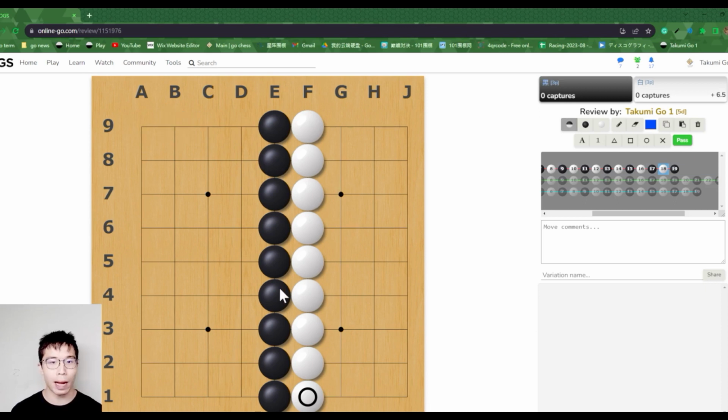Black is leading by 9 stones. But it's black's turn, which means black could play one stone here now, and white could pass. What will happen is that black is only leading by 8 territory points, but black is leading by 9 stones. So with the same difference of stones, the difference in territory could vary.